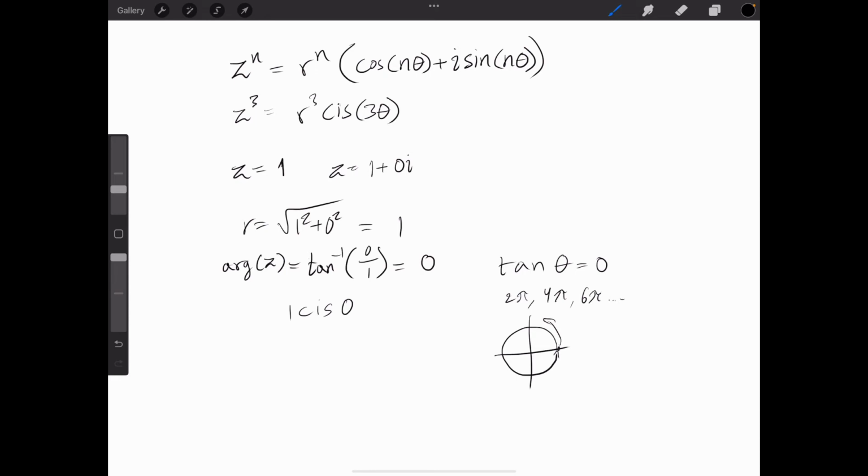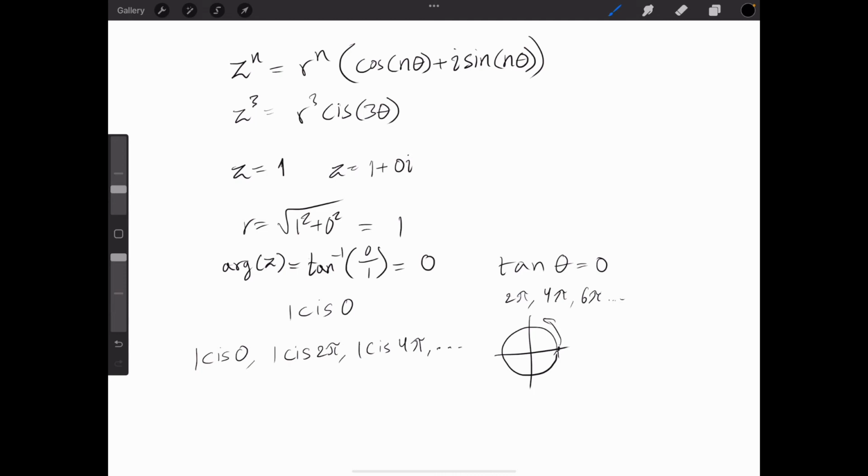Meaning that a complex number such as 1, which is just a regular real number, can be written in multiple forms, like 1 cis 0, or 1 cis 2 pi, and then 1 cis 4 pi, and it goes on like that.